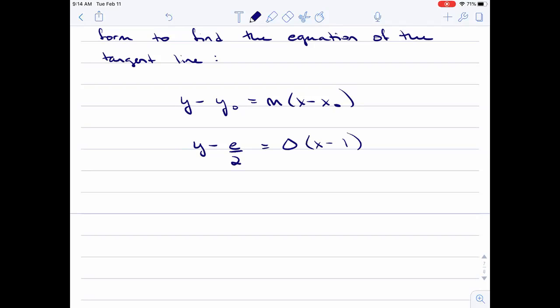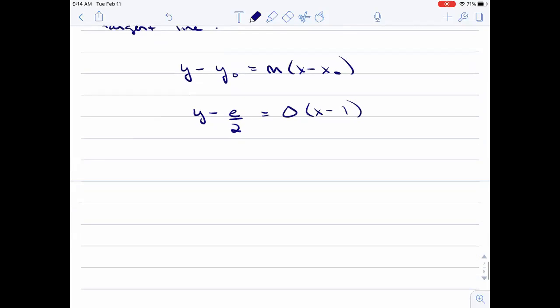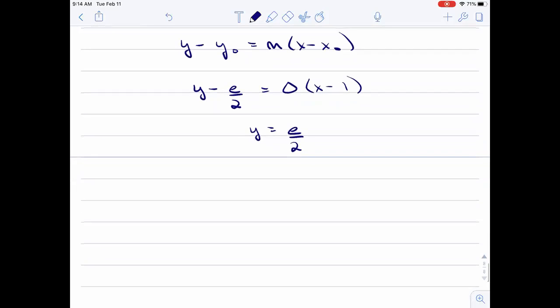Well, it's just going to go to 0. So then we have y equals e over 2, or 1/2 e if you prefer. With a slope of 0, y equals mx plus b is just y equals b, and that's okay, right? And so this is the equation of the tangent line.